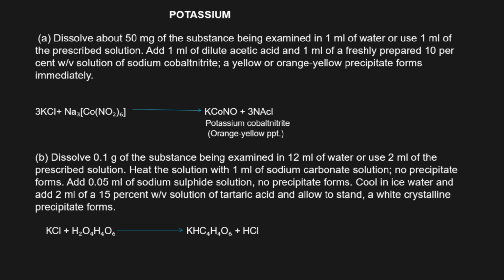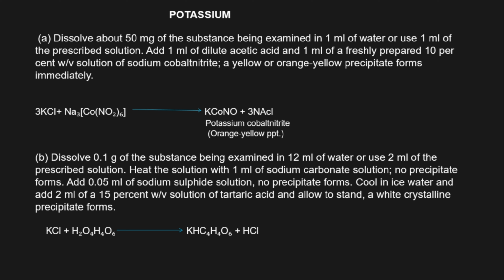The next cation which we have to deal here is potassium. Its identification test is as under. The first identification test is dissolve about 50 mg of the substance being examined in 1 ml of water or use 1 ml of the prescribed solution.